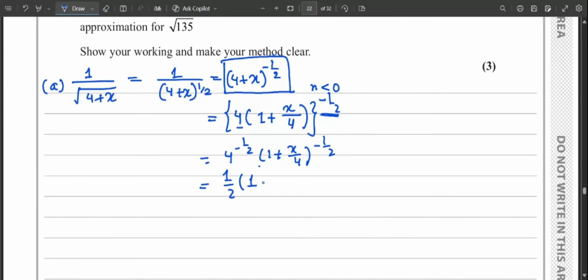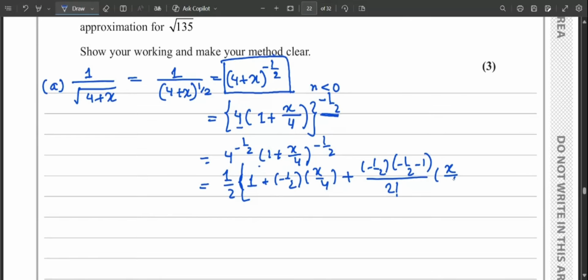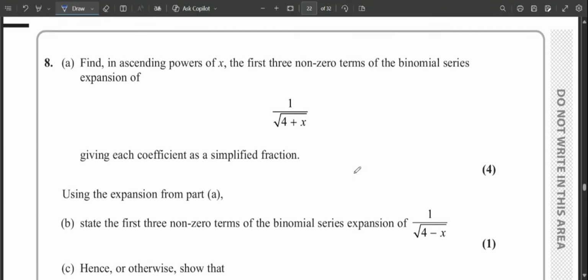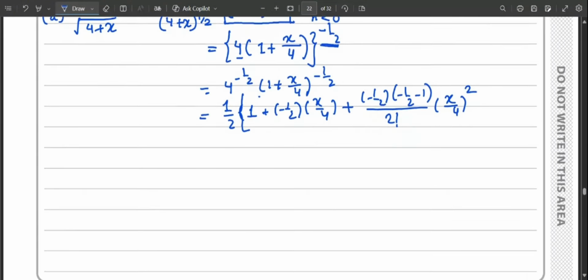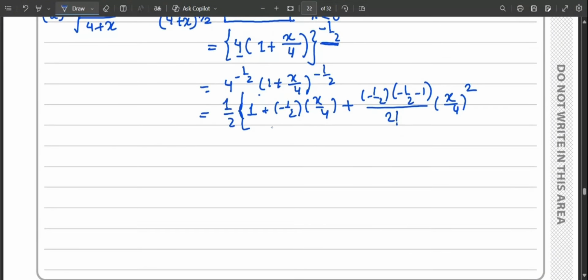The first term will be 1, then the second term is nx, where n is minus half, and x is x by 4. Now the third term will be n into n minus 1 divided by factorial of 2 into (x divided by 4) whole square. We can see from our question that we only need to find the first 3 non-zero terms of the binomial series expansion. And these are the first 3 terms.